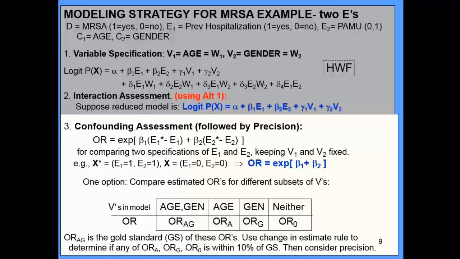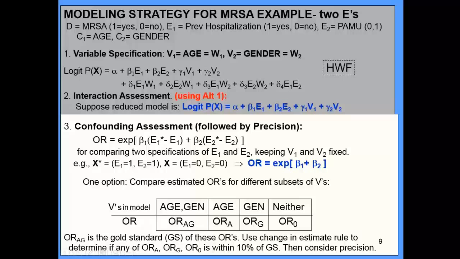You don't have all the same variables in the model. Beta 1 and beta 2 might change if you just have gender in the model, and might change if you have neither of them in the model. So you'd get 4 different odds ratios, depending upon whether both of them are in the model, one of them is in the model, or neither is in the model.